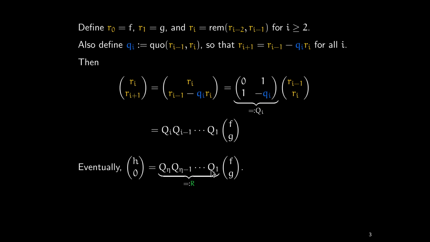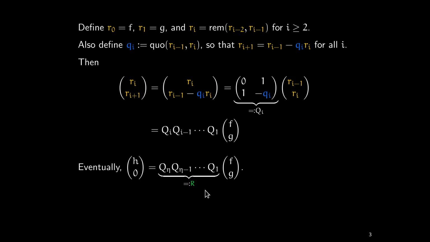So now we have something that looks like we can divide it in the middle. And this will be the idea: to obtain the GCD and 0 from f and g by multiplying R directly to it. That's something that we can do if we know R. But how do we know R?